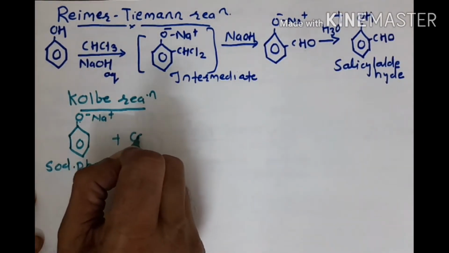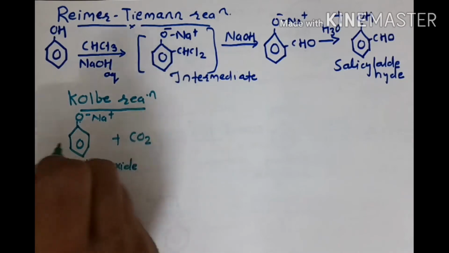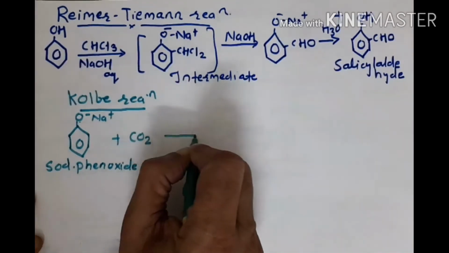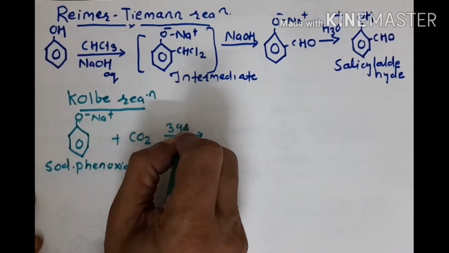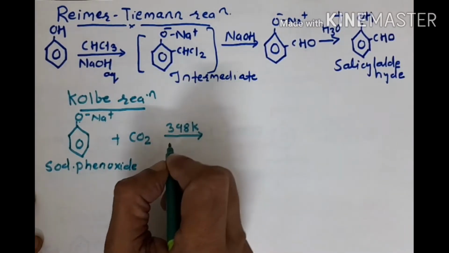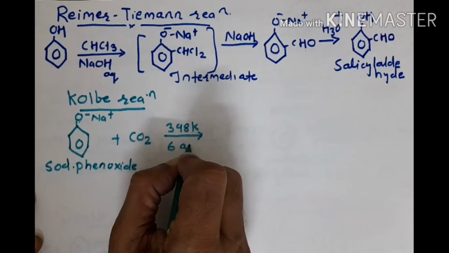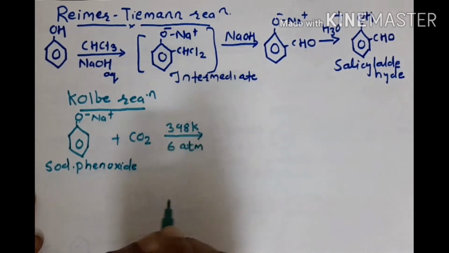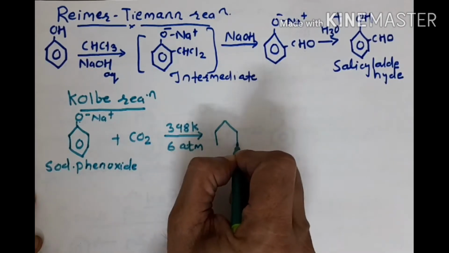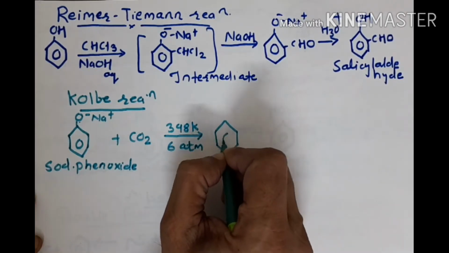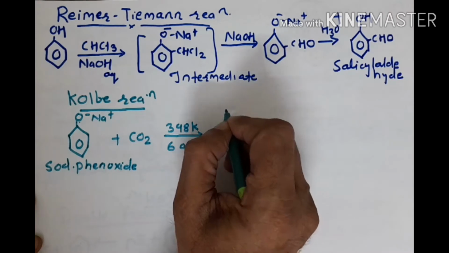When carbon dioxide gas is passed through sodium phenoxide at about 398 Kelvin under 6 atmospheric pressure, first it forms sodium salicylate.